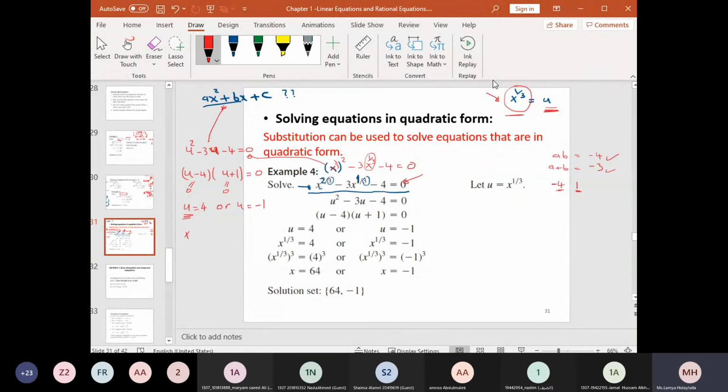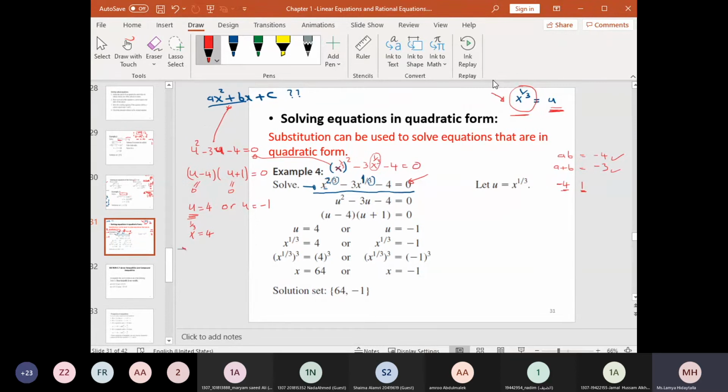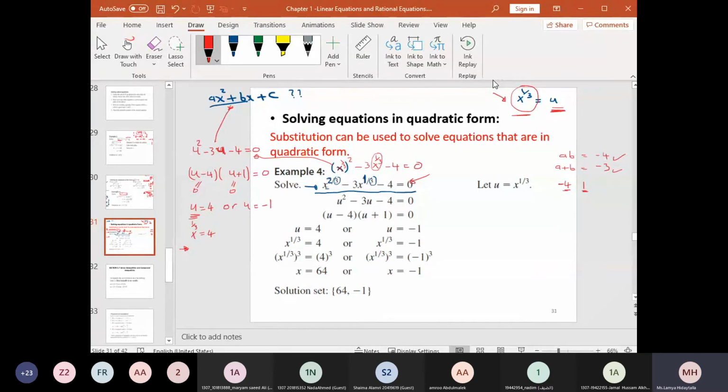So that is x to the power 1 over 3 is equal to 4. This implies what? Take cube both hands as we did before. So that is x is going to be equal to 4 cube, correct? Which is 64. Or else in the case of u equal to -1, that is x to the power 1 over 3 is equal to -1, correct?